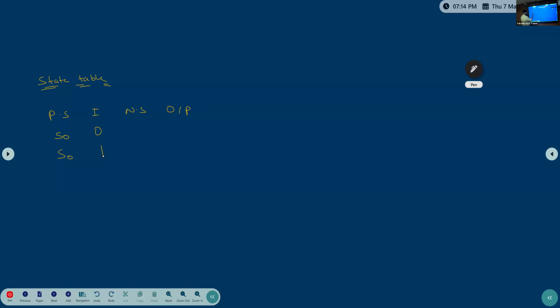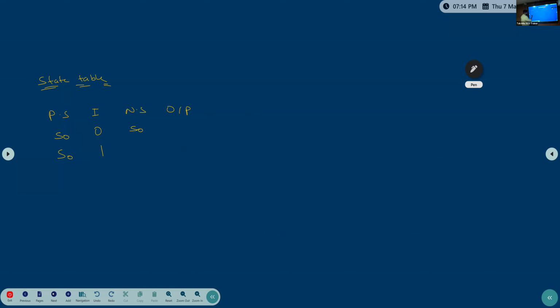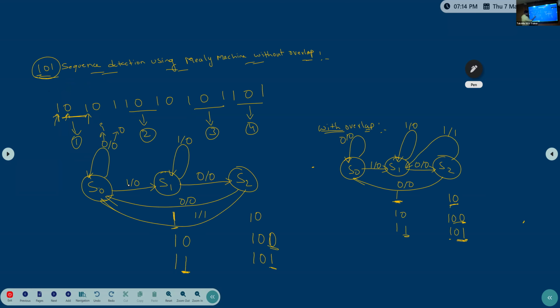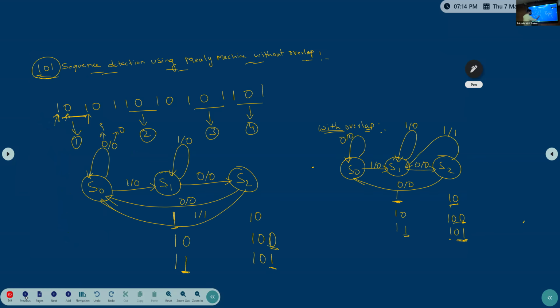If present state is S0 and input is 0, next state is also S0, right? If 0, where am I going? Same place. If input is 1, next state where am I going? I am going to S1. So now, present state S1, there are two possibilities. If input is 0, where am I going?